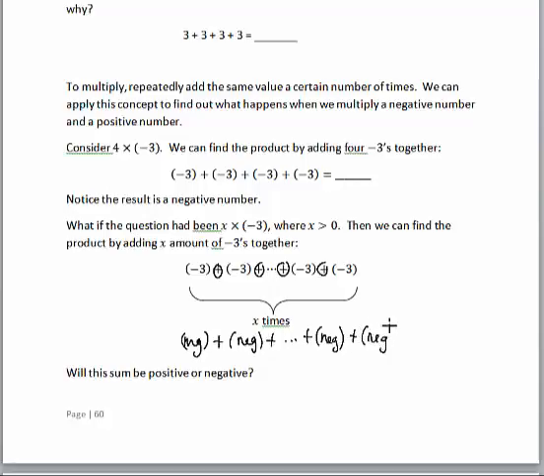In other words, all of the numbers that we're adding are the same number and they're all negative. So the sum of any number of negative numbers will be negative. So the answer to this question is, of course, negative.